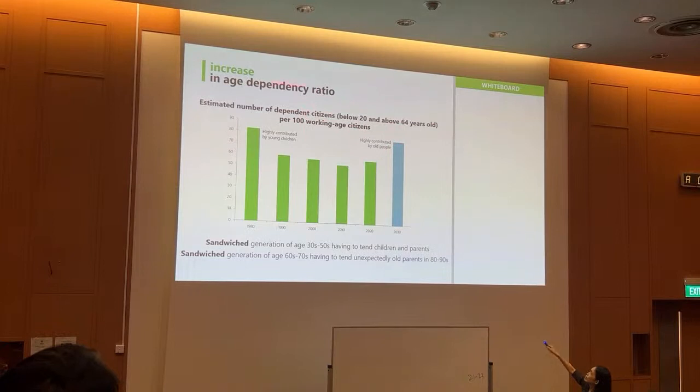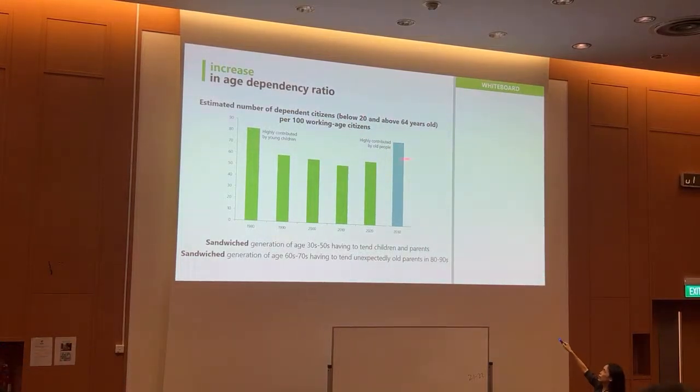Dependents can cover young children and old people. So basically, whoever is reliant or dependent on others to survive. So when we talk about dependence, it can cover young children, it can cover old people, since they lack income and they most probably need support from others for subsistence.